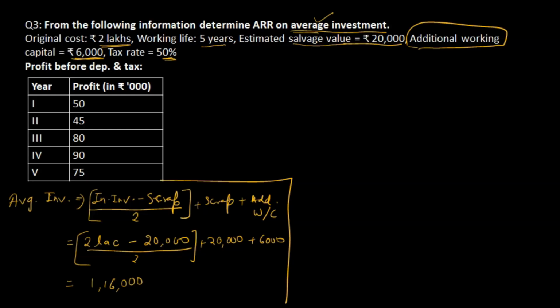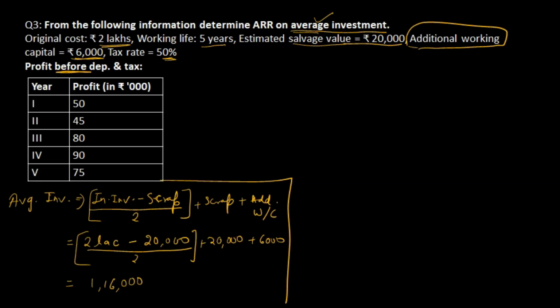Now for the numerator we need annual average net profit after depreciation and tax. Here, profit before depreciation and tax is given. So we don't need profit before, we need profit after depreciation and tax.